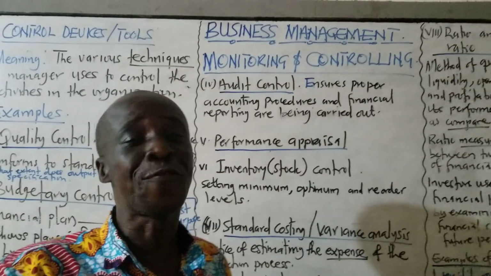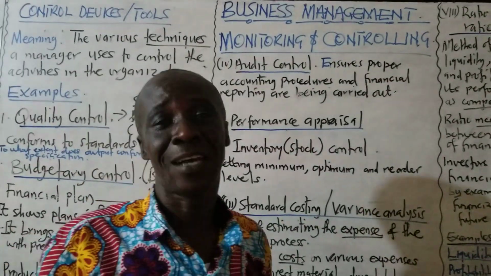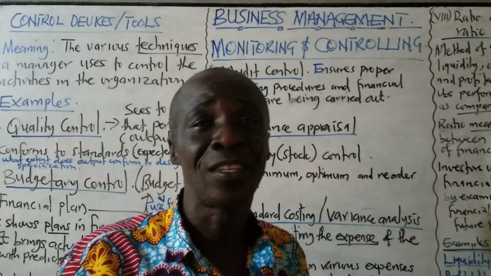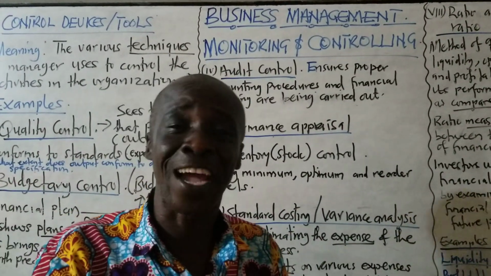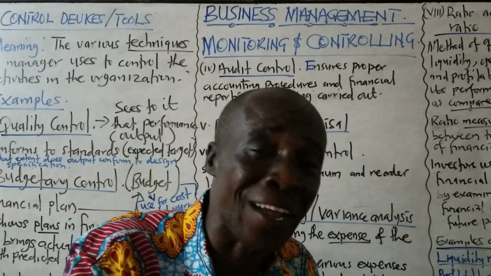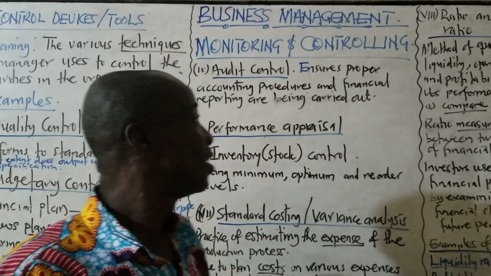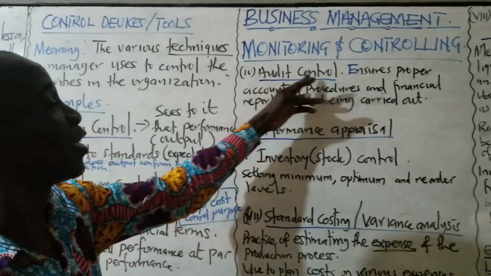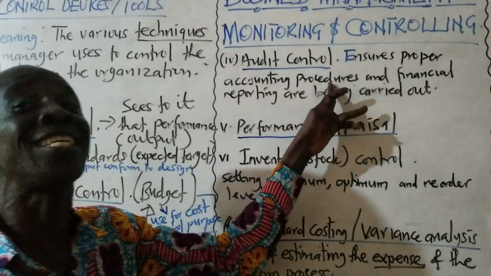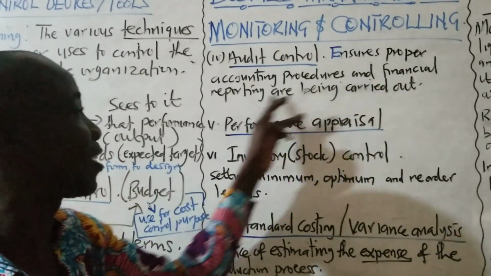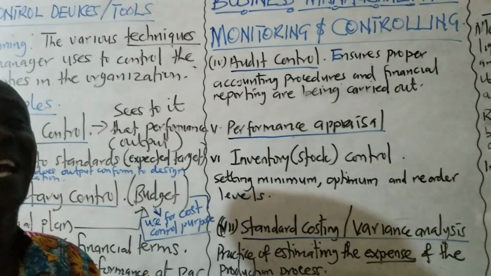And so one day, if you become an auditor, that is what you'll be doing. You want to find out whether the accountant is following the right procedure and is giving the right financial reporting. So the audit control ensures proper accounting procedures and financial reporting are being carried out.